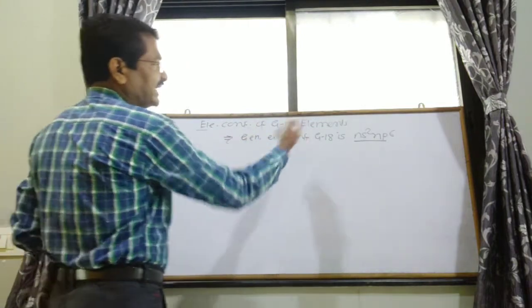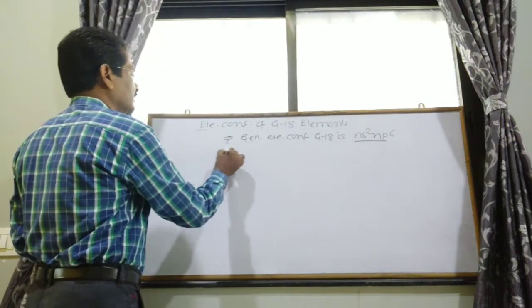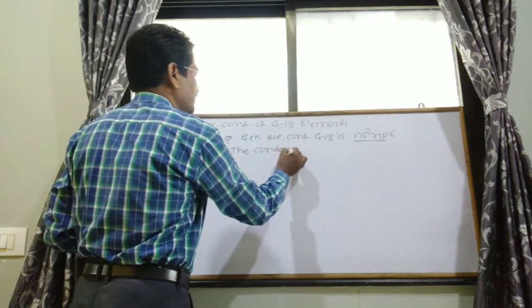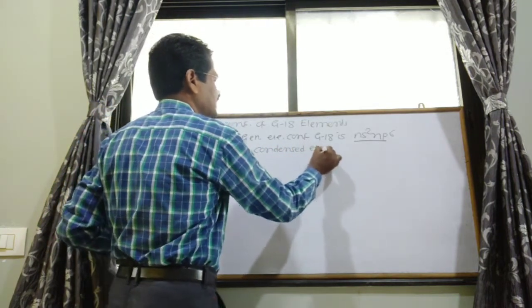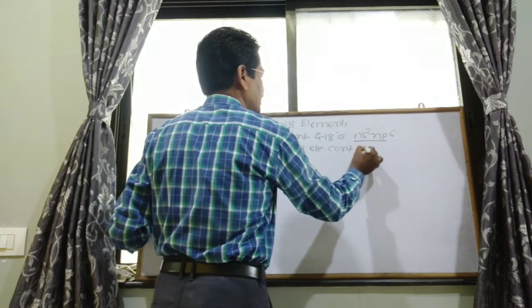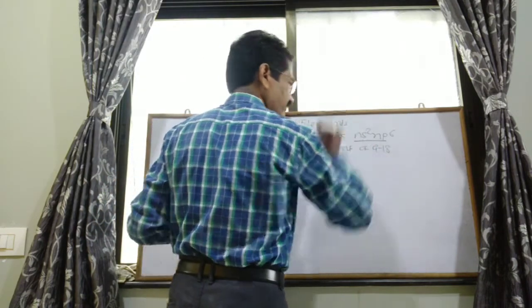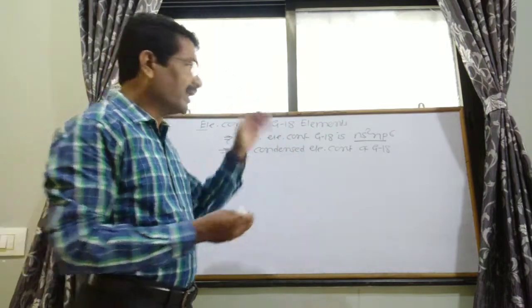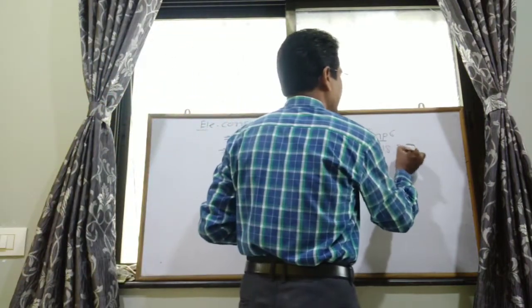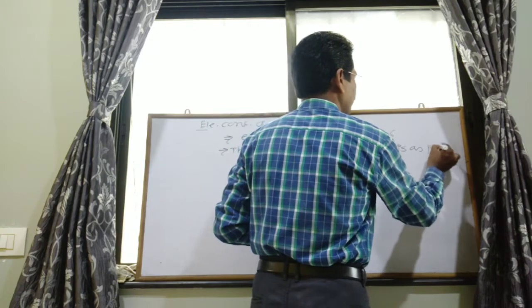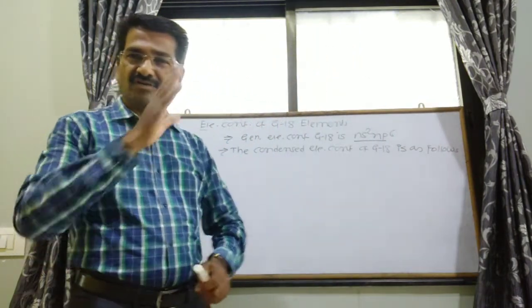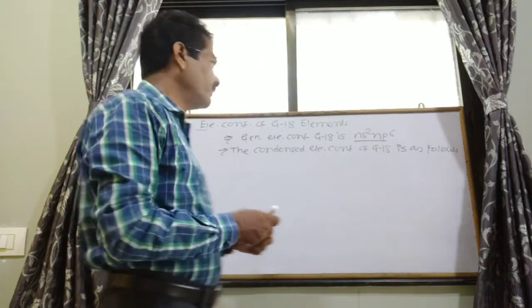So after the general electronic configuration, the condensed electronic configuration of group 18, the condensed electronic configuration of noble gases, is as follows. See the condensed electronic configuration of zero group elements.